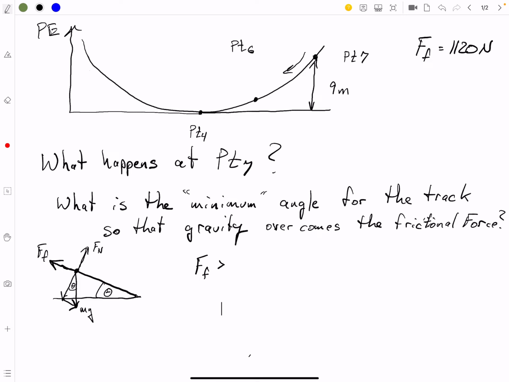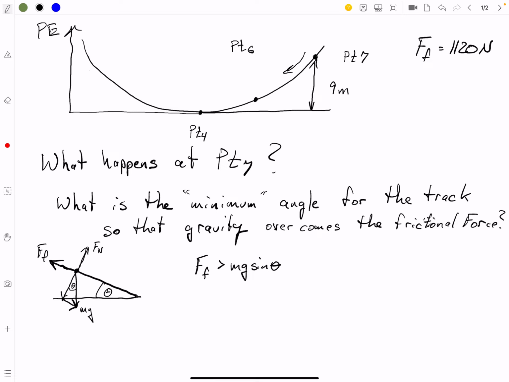It has to be greater than mg sine theta. If it is greater than mg sine theta, then you're not going anywhere. As soon as that happens, you're not going anywhere.